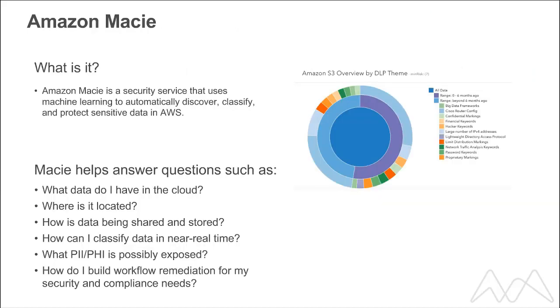Here's an example of another product, Amazon Macie, that uses CloudTrail data events for its own purpose. So Amazon Macie is a service that was recently launched in the New York Summit, and it essentially uses machine learning to discover, classify, and protect sensitive data in AWS.